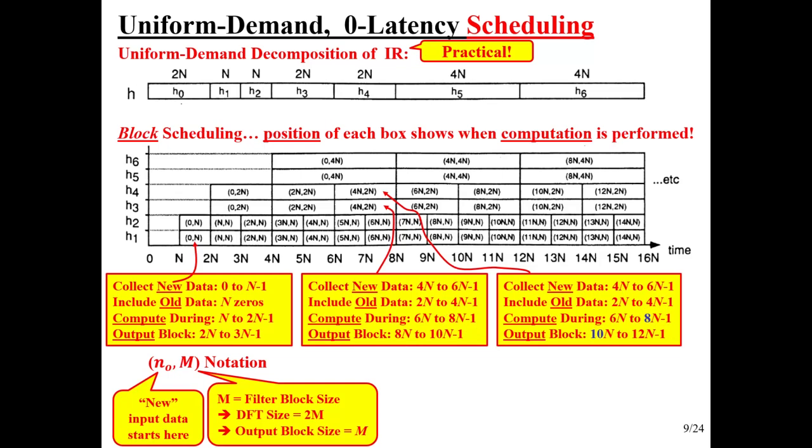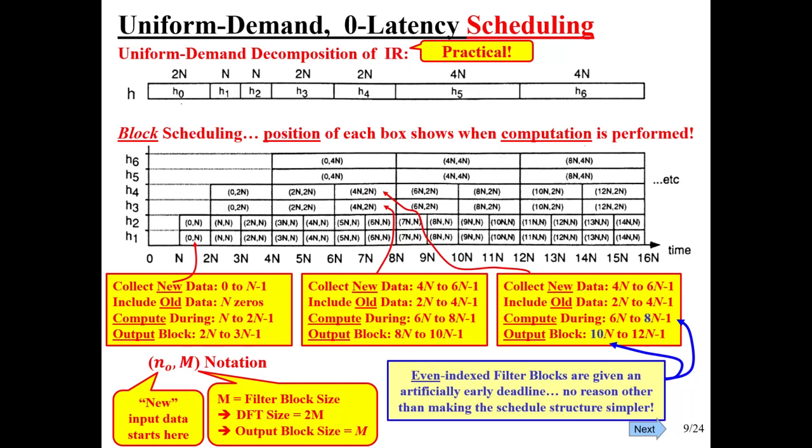But once you see how to do that, you'll figure it out. It's always these even indexed blocks are given an artificially early deadline. And the only reason is to just make it easier to lay this out in powers of 2 and to just make the scheduling structure simpler. There's no real fundamental purpose for putting that there, but it's convenient.